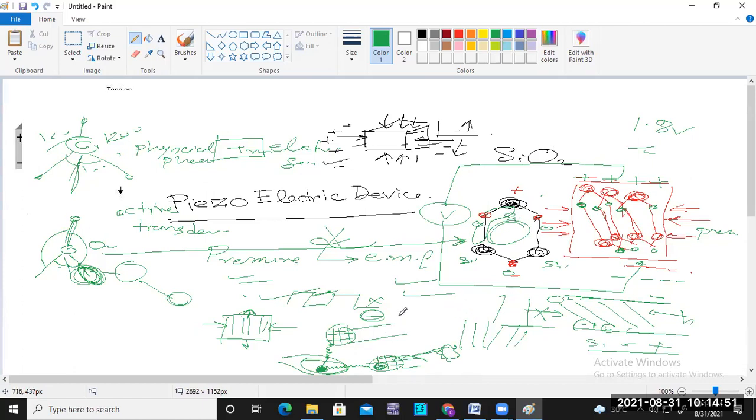And in this way, the piezoelectric device is providing ultrasonography application for the biomedical field. It will also provide some level measurement. The Doppler effect, as all of you have read in your class 12 or 10, this is the Doppler effect.